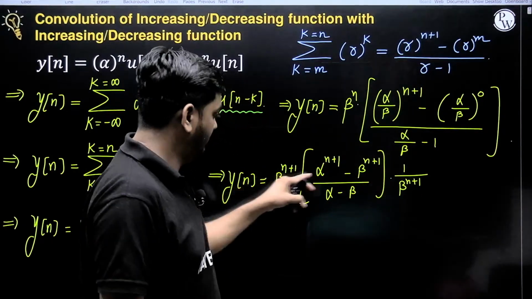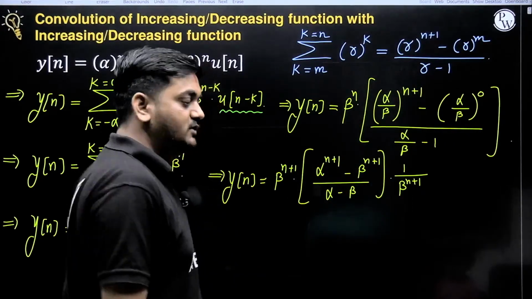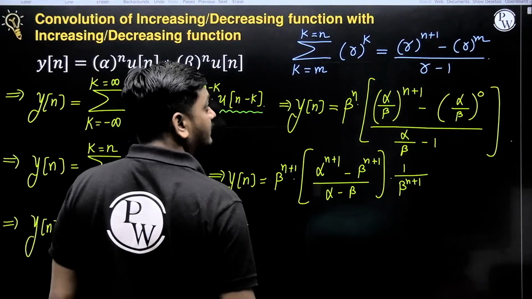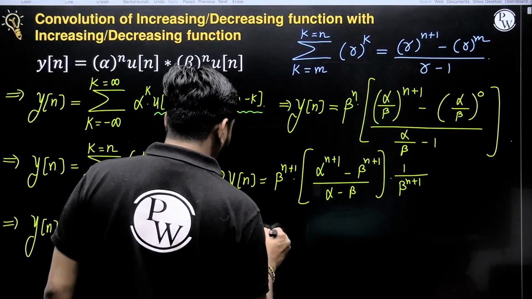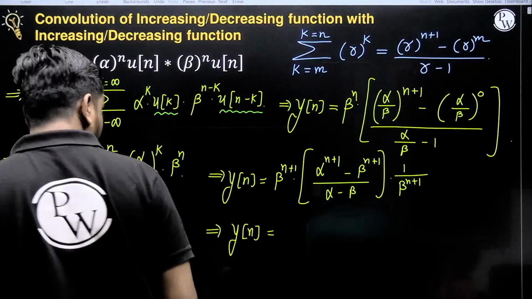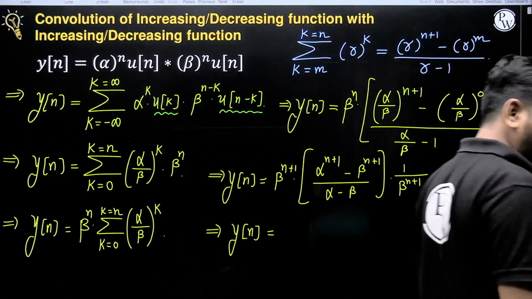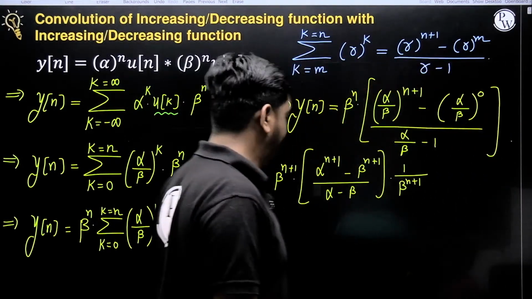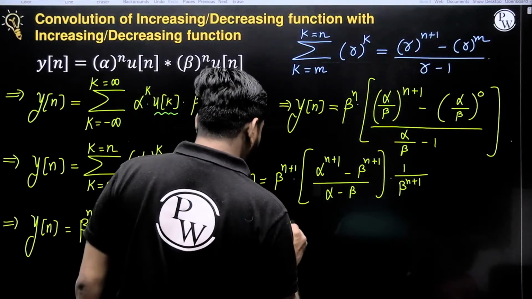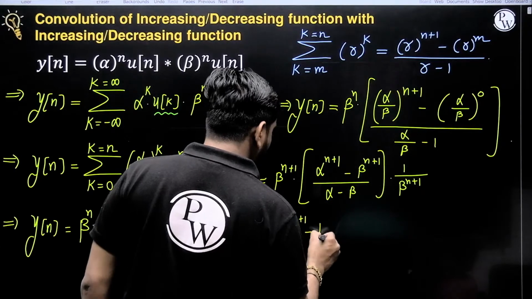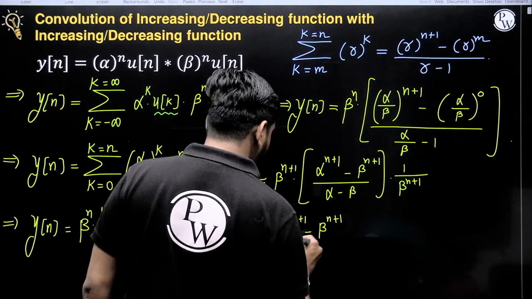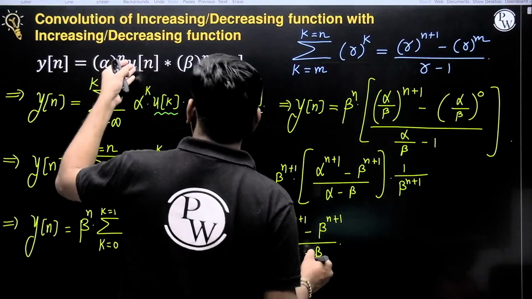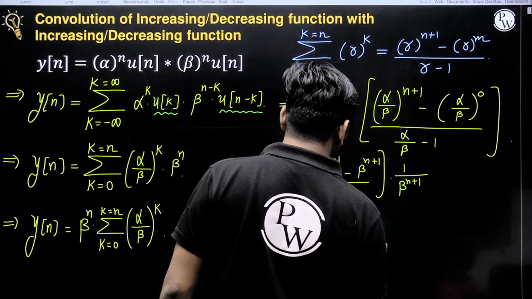Now this beta power n plus 1 and beta power n plus 1 cancel out, so here y of n is equal to alpha power n plus 1 minus beta power n plus 1 divided by alpha minus beta, and this is u of n, causal. The resultant signal will be causal.